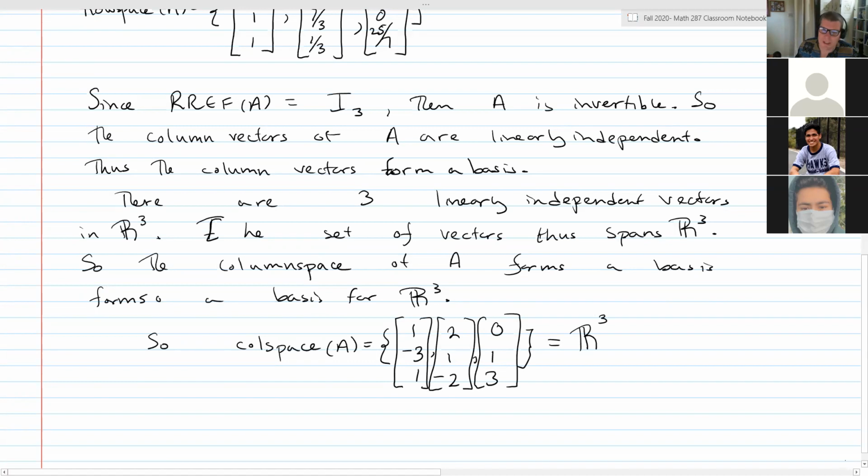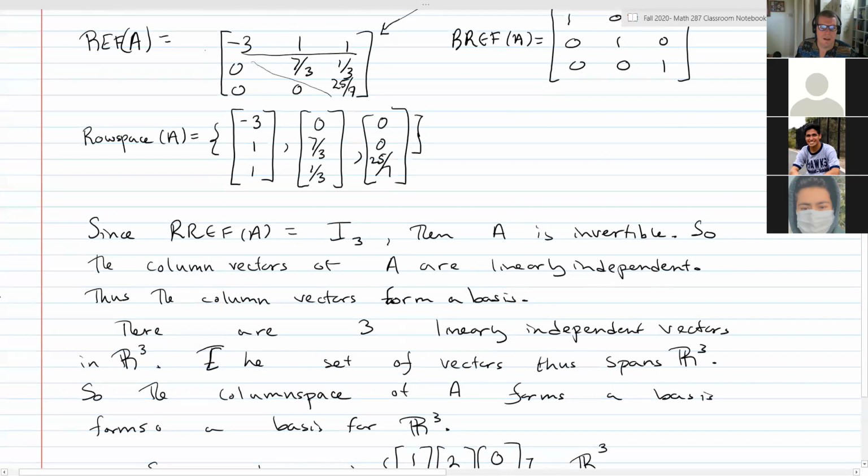All right, so how about this though? Take a look at the row space. So now the row space is a set of 3 vectors, and it's a basis made up of the non-zero row vectors. Here's a question. Is the row space also R3?